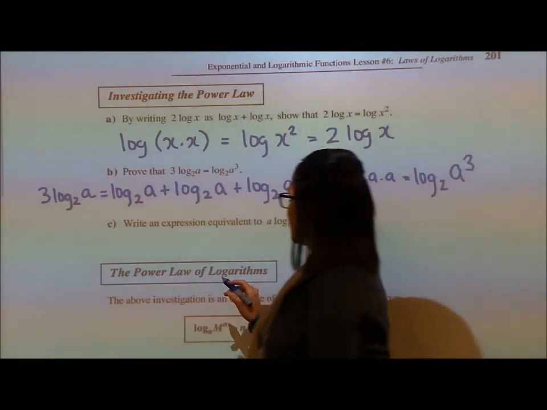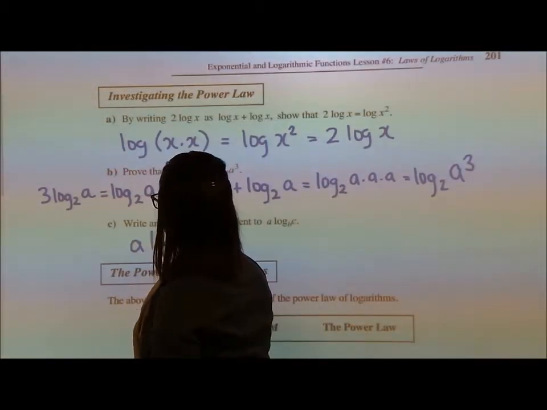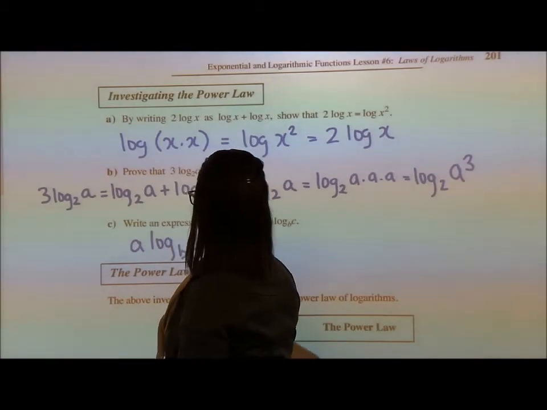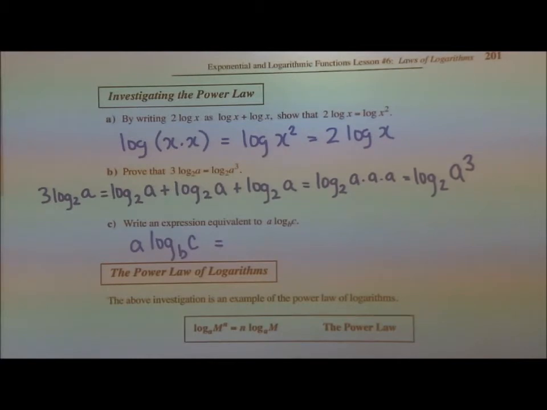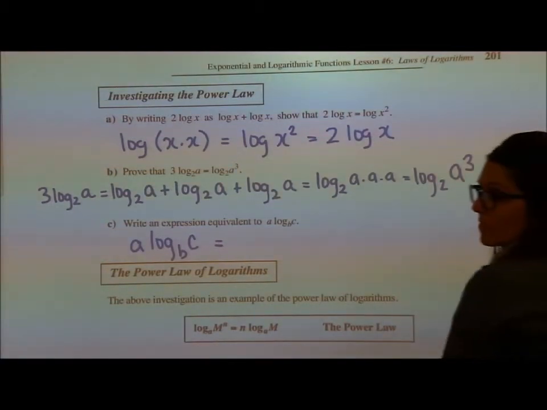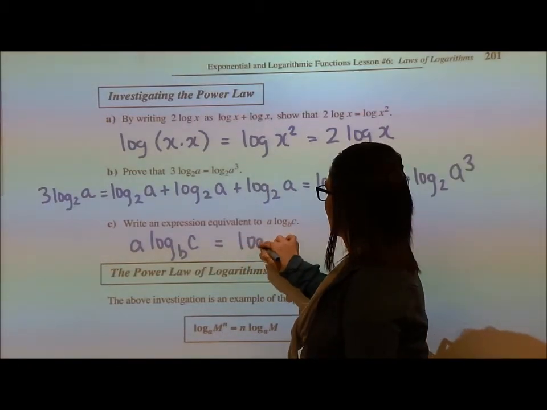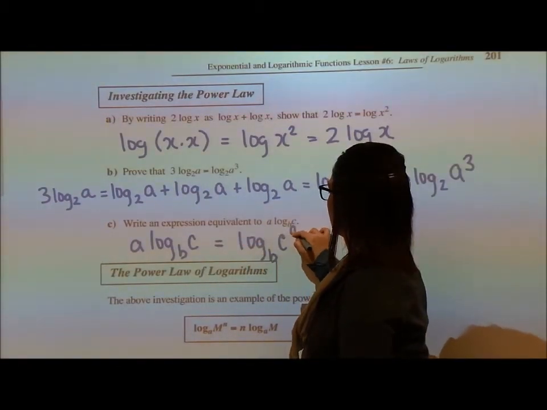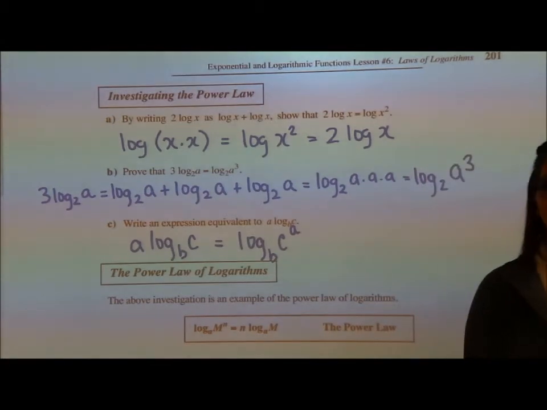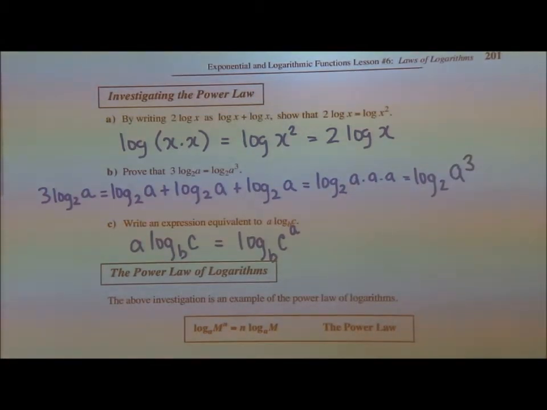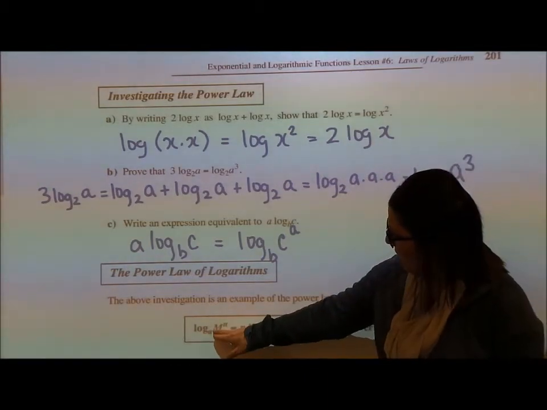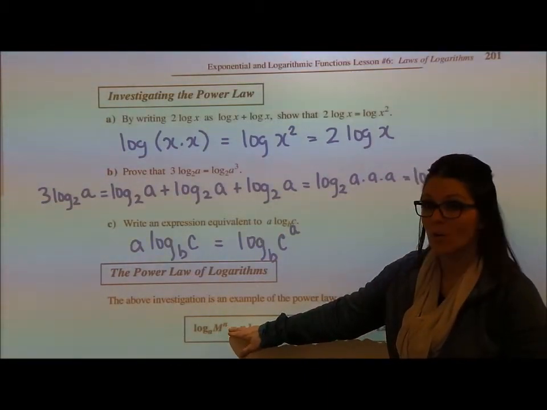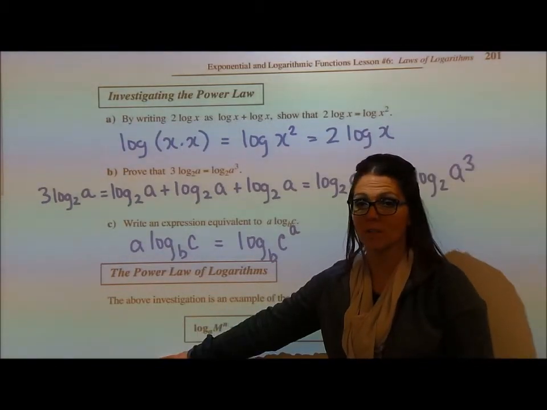So if I have a times log base b of c, how else could I write that logarithm? Log base b of c to the power of a. Correct. And that becomes our power law of logarithms, which says that if the argument is raised to a power, I can pull that power out in front.